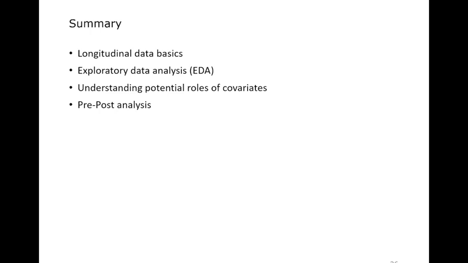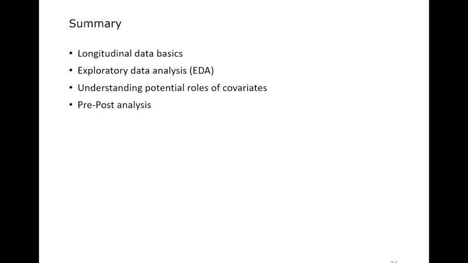And EDA allows you to explore the mean response over time, variability over time, correlation over time, and how this is related to covariates. Looking at EDA is important, and it is recommended before formal modeling, because EDA can inform the kind of model you should start with.